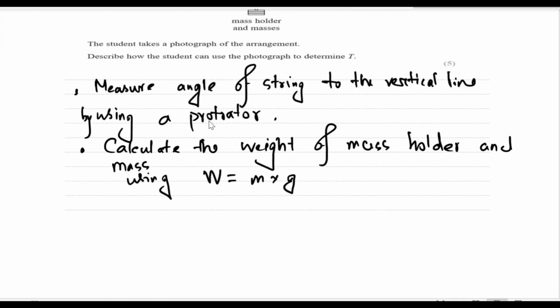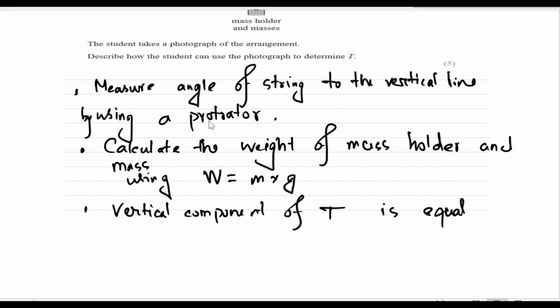Vertical component of T is equal to W, weight.